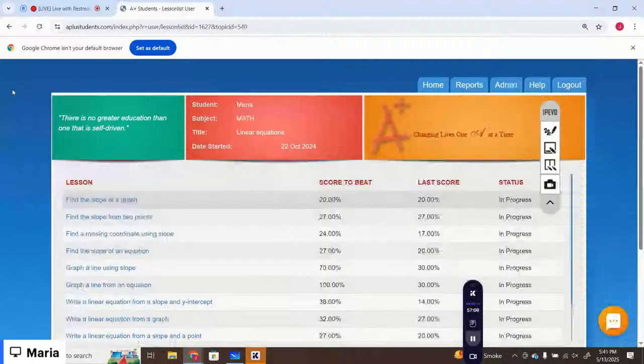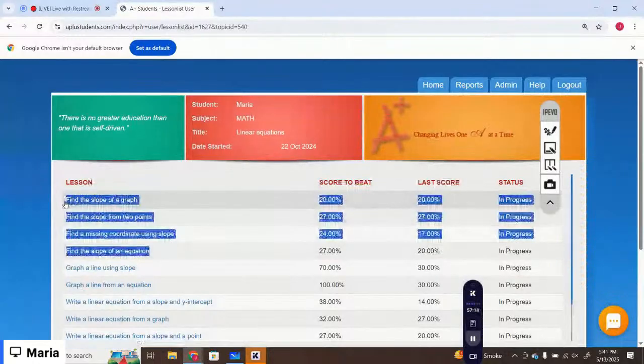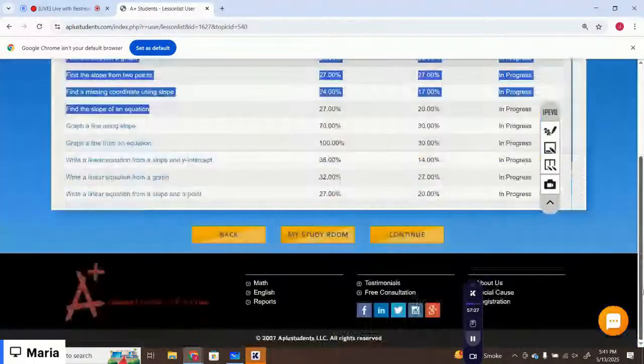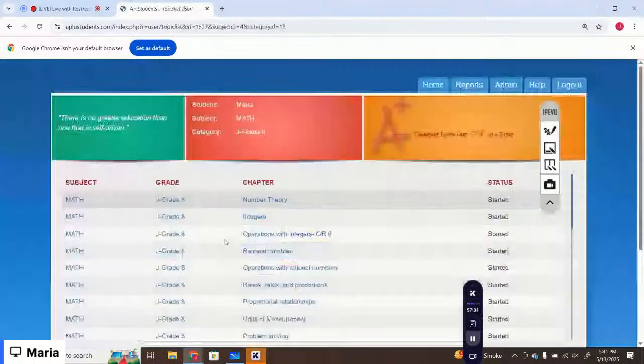The lessons we have covered today are find the slope of a graph, find the slope from 2 points, find a missing coordinate using slope, and find the slope of an equation. So please make sure before the next session you complete all the practice questions for the lessons we just did. That is your homework until next session.